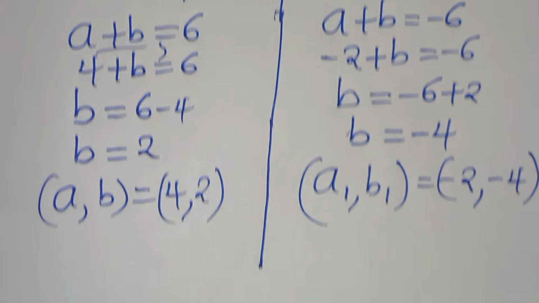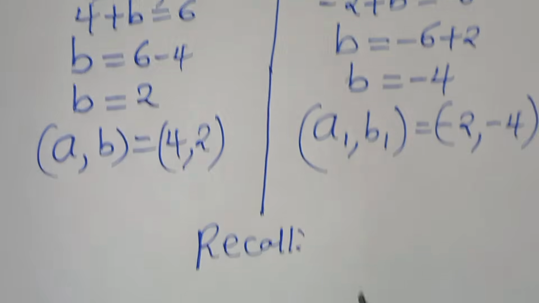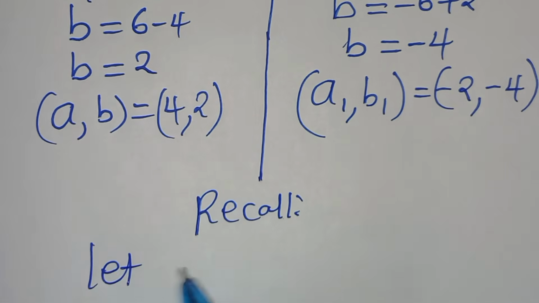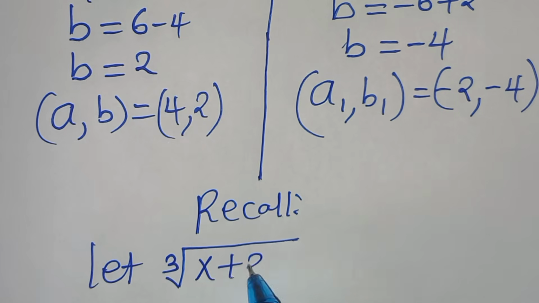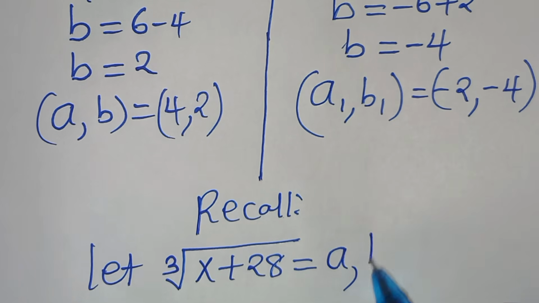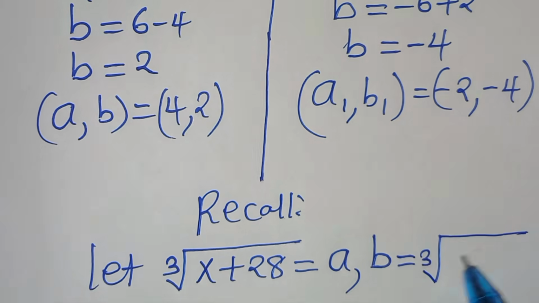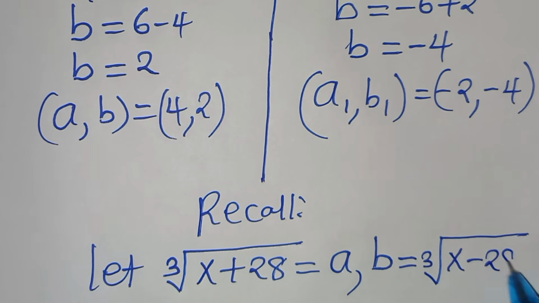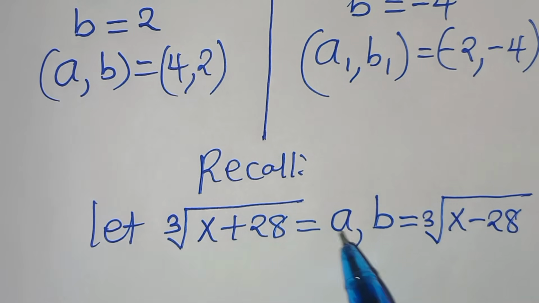Now, if you recall, we let the cube root of x plus 28 be equal to a, and we let b be equal to the cube root of x minus 28. Now we can easily solve for the value of a from here.